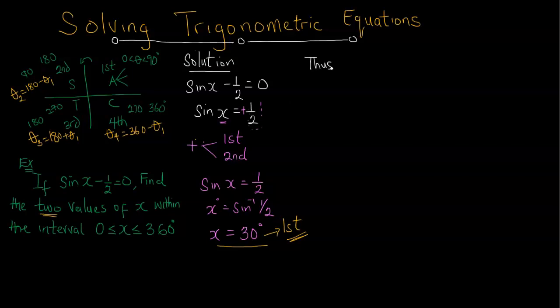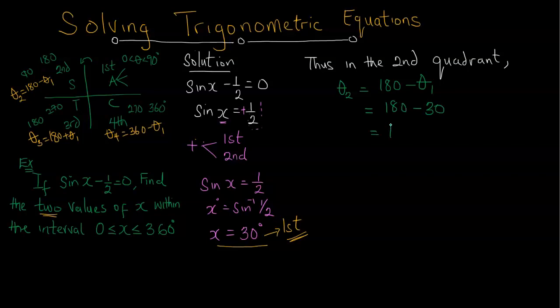Thus, in the second quadrant, theta 2 is equal to 180 minus theta 1. And already we figured out what the angle in the first quadrant is, that's 30 degrees. So this is just going to be 180 minus 30, and this is equal to 150 degrees.